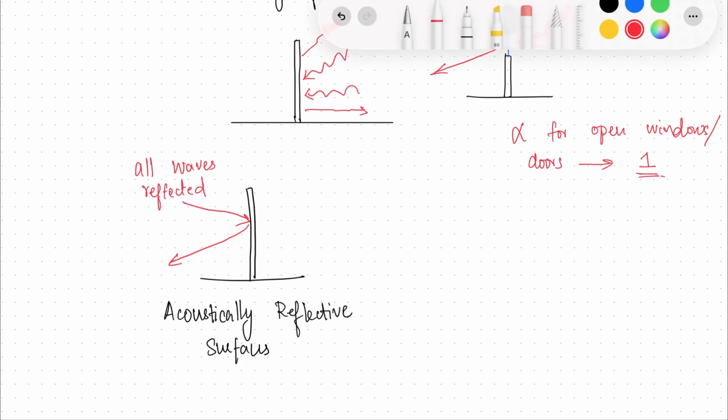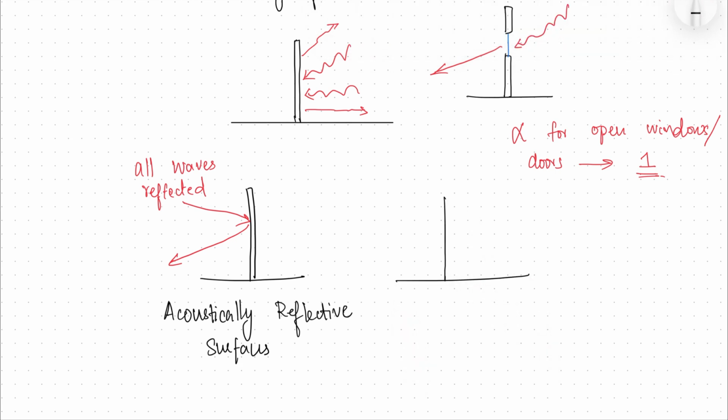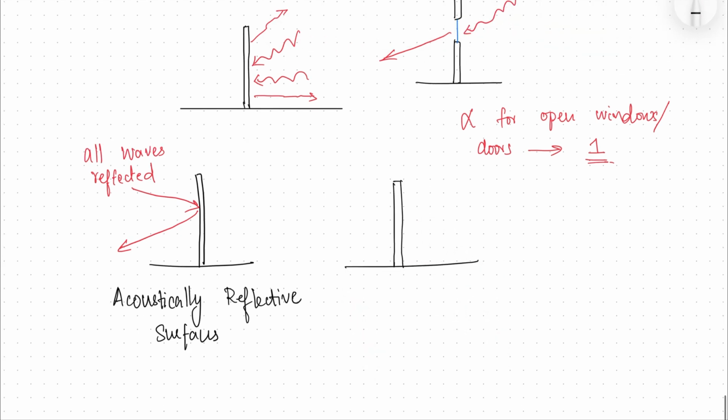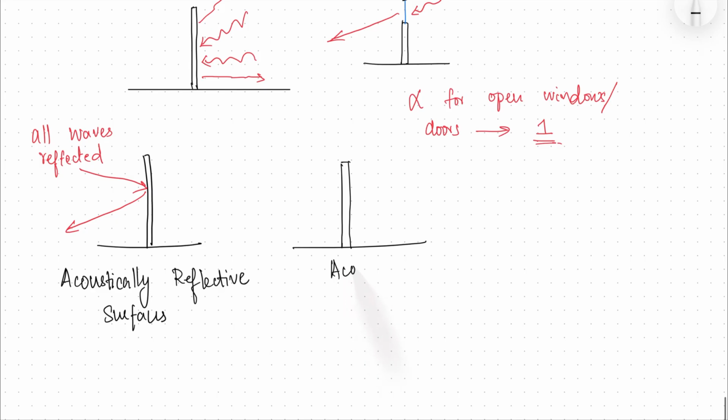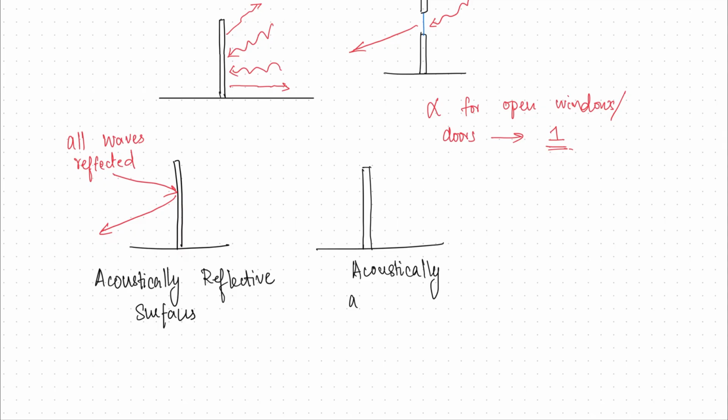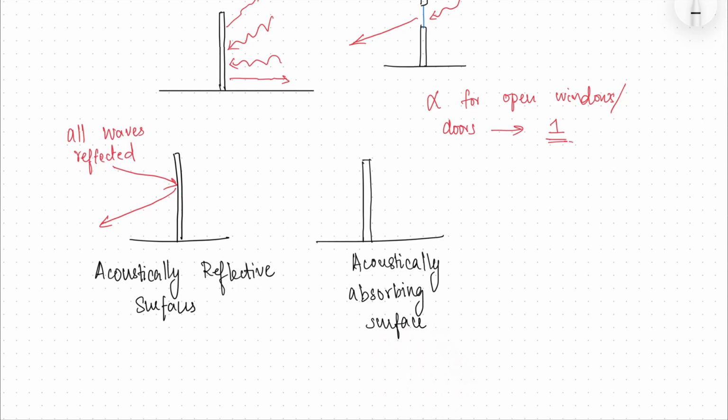Then you have acoustically absorbing surfaces, where some of the waves that are incident on it are absorbed and only part of it is reflected. Okay, so some of the waves are absorbed.